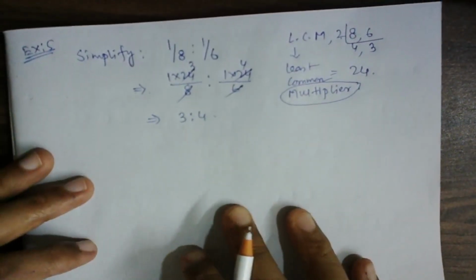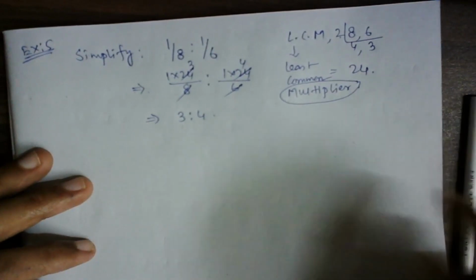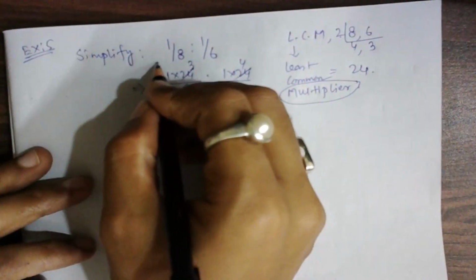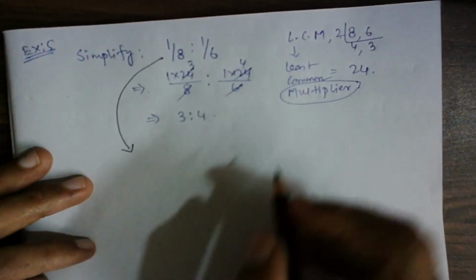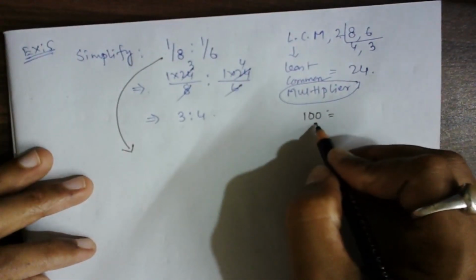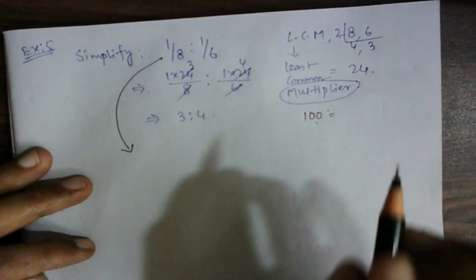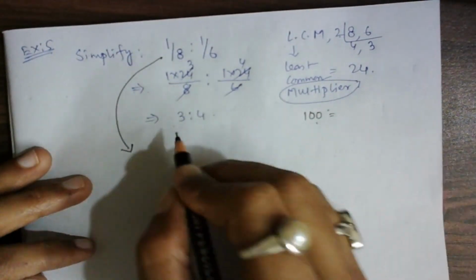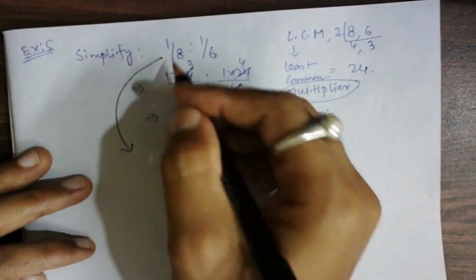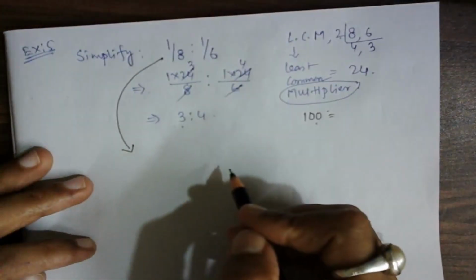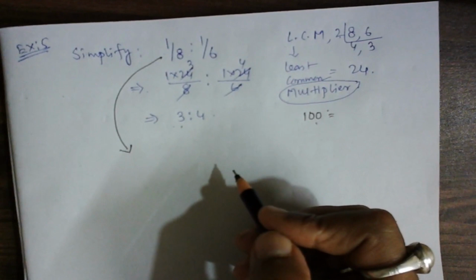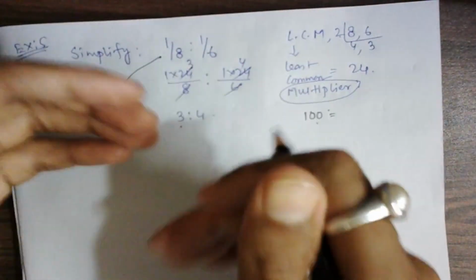Solve. Now I am going to prove it. How is it 3 is to 4? I am going to prove it. Let's see. If I give you one example, if we have 1 by 8 and 1 by 6, okay, if I am going to solve it, सोचो इसका कैसे आएगा? 8 and 6 है ना, so just reverse it out.